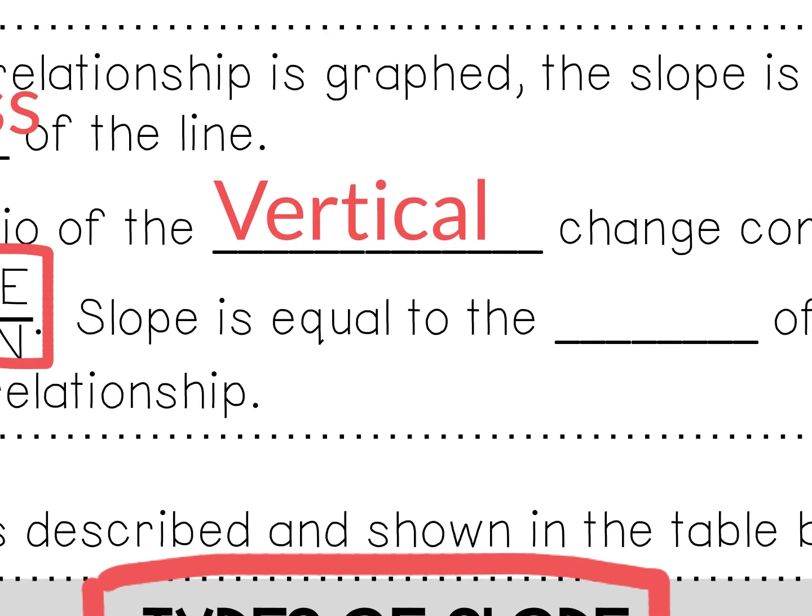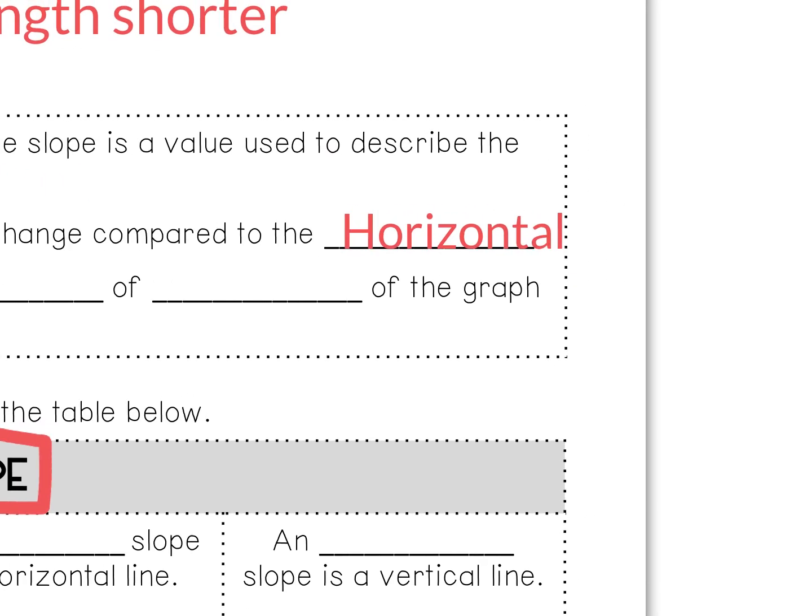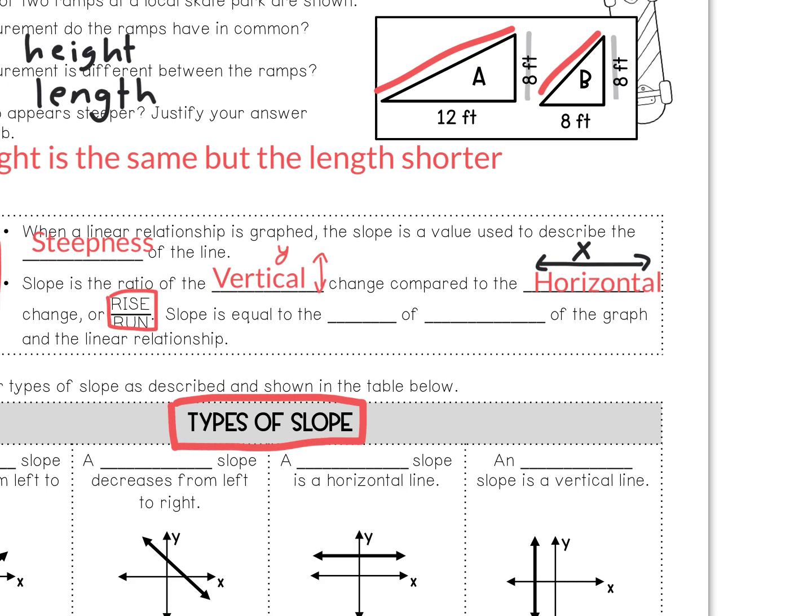Up and down. And on the coordinate plane, that's associated with which variable, x or y? Up and down is associated with y. So then horizontal, as Chloe was already saying, is left and right. And that corresponds to what variable? X. Okay, so just as a reminder, x is the left-right movement, and y is the up-down movement.